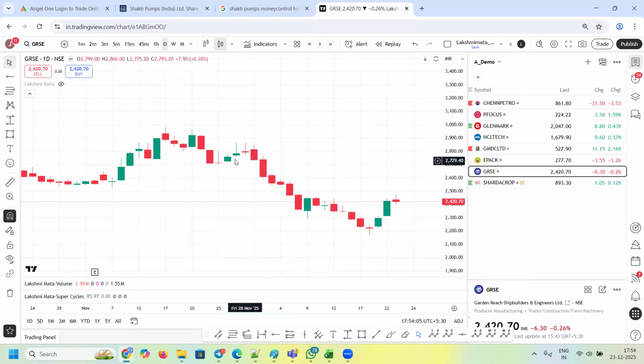See, the point here is this is one solid candle and this is one solid candle, and a downward movement is confirmed here. Can you see this? So that sort of day you should go and trade.